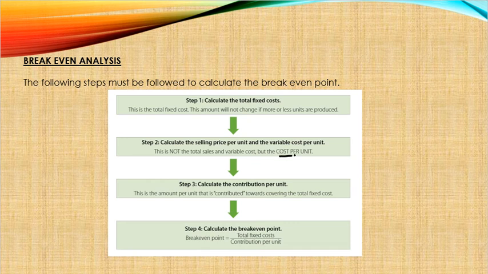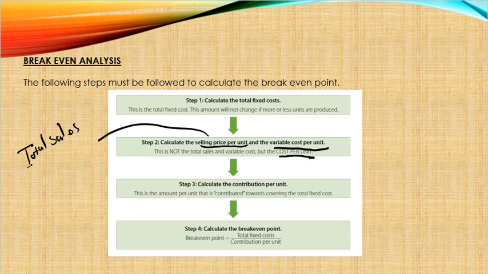So cost per unit, the sales price per unit, variable cost per unit. So to work out the selling price per unit, you would take, let's say, total sales, and you will divide that by the number of units. And that will give you selling price per unit.